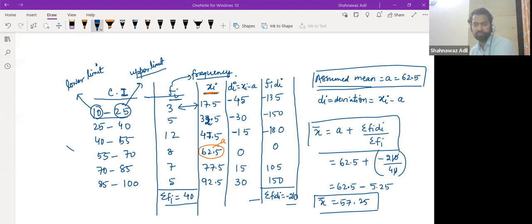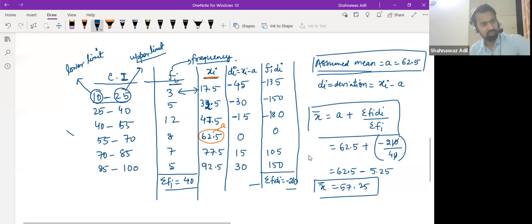Hello, Rifa. Yes, yes. Can I note it down? Yeah. So, did you understand this part? Any doubt in this part? No. Okay, then please note it down.